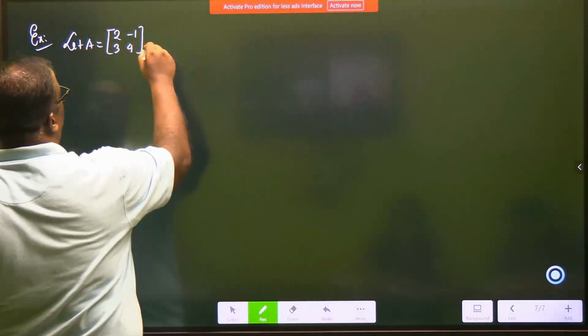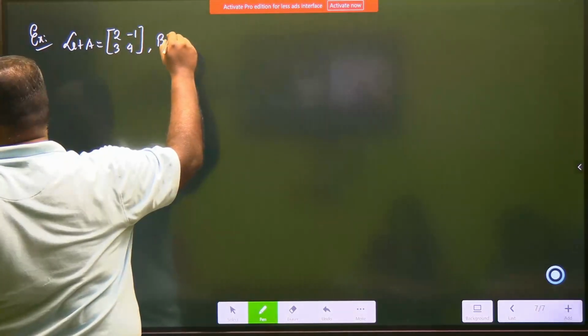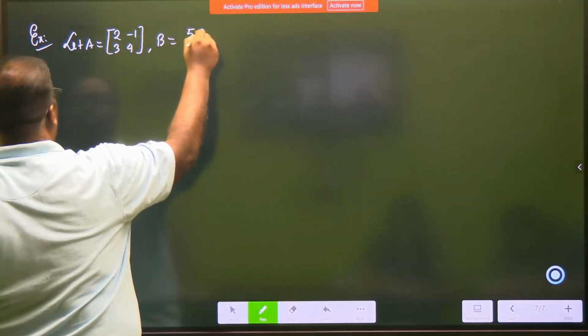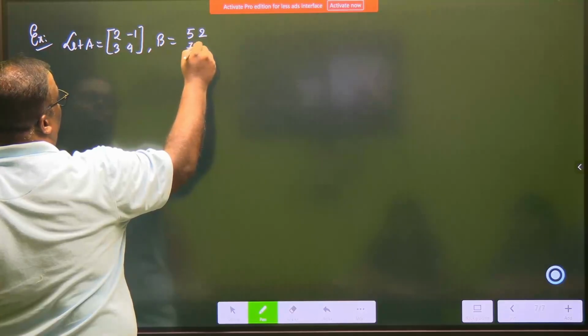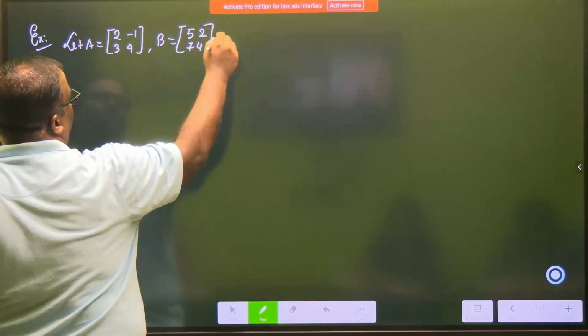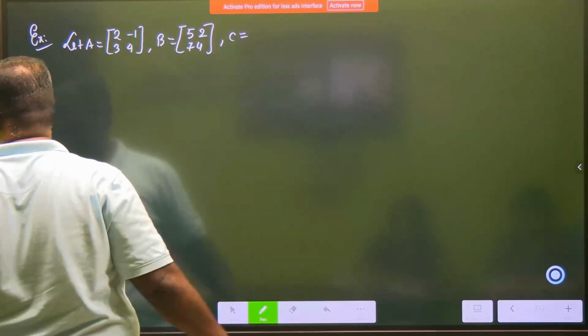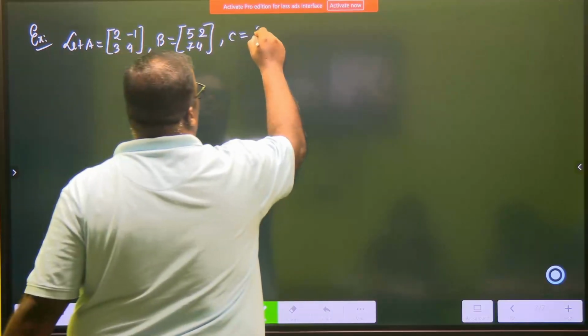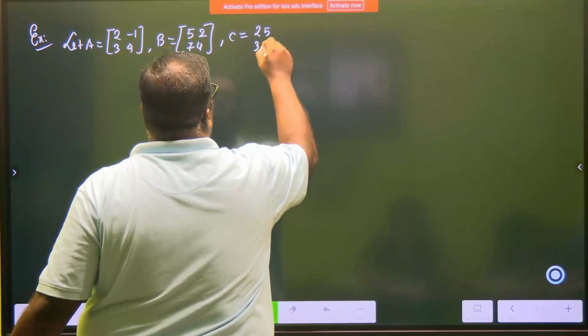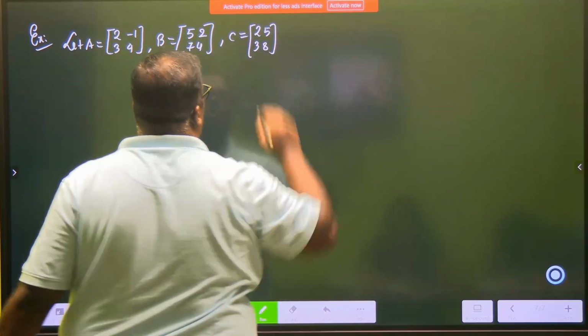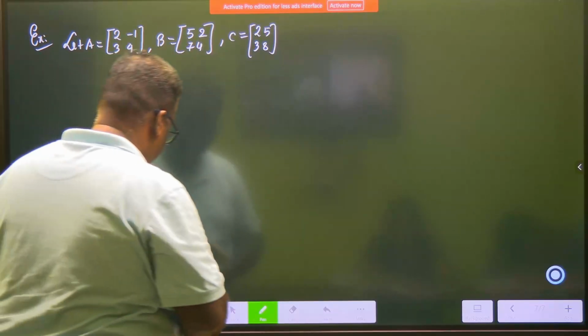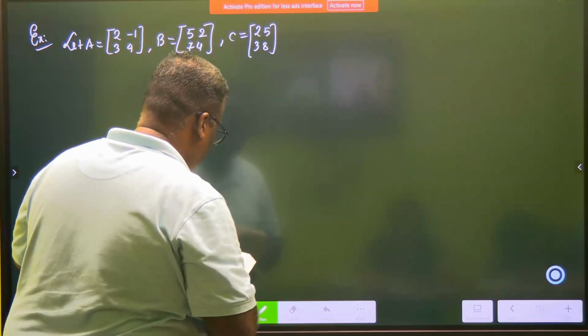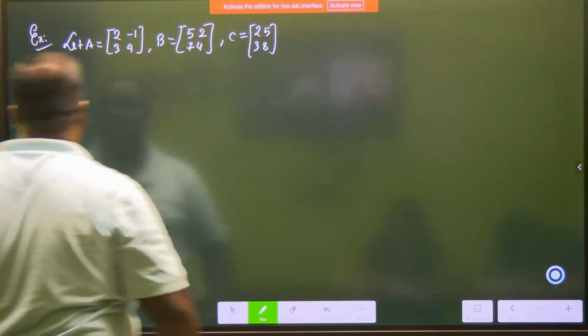Okay, then B is equal to [5, 2; 7, 4], and C equals [2, 5; 3, 8]. Find a matrix D.